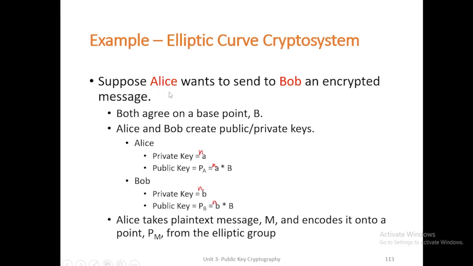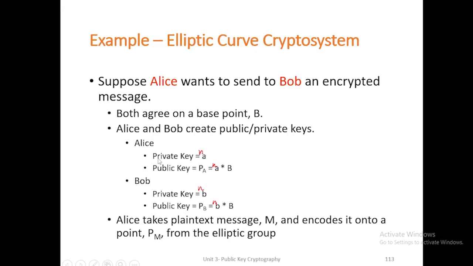Then for the implementation side, let us take Alice wanting to send information to Bob. Here Alice is the sender, Bob is the receiver. And we are trying to implement this elliptic curve crypto system based upon the Diffie-Hellman algorithm. So let us review that algorithm.